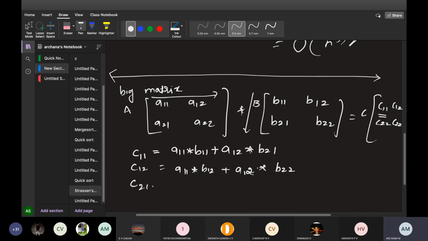Okay. Then what about C21? A21 star B11 plus A22 star B21. This is what we do in our normal mathematics. A21 star B12 plus A22 star B22.